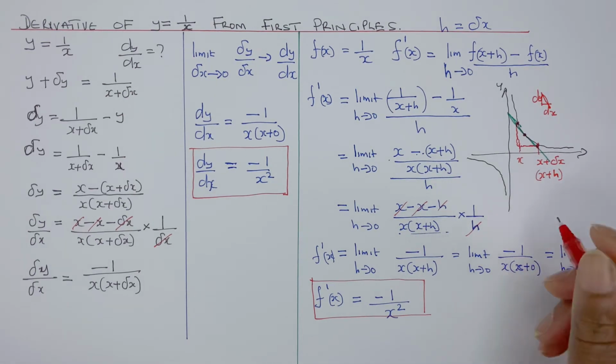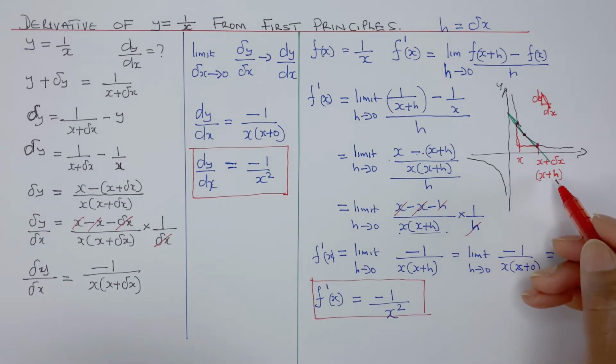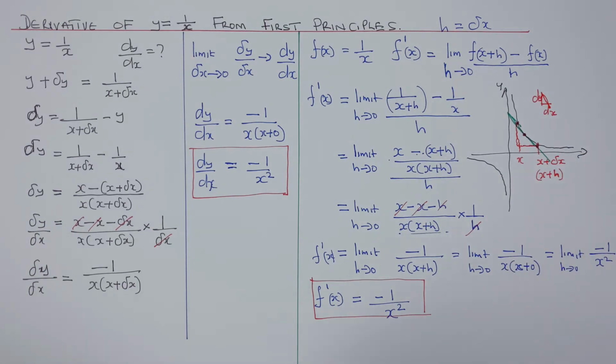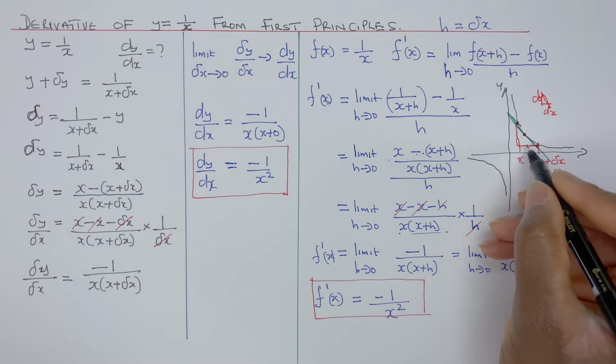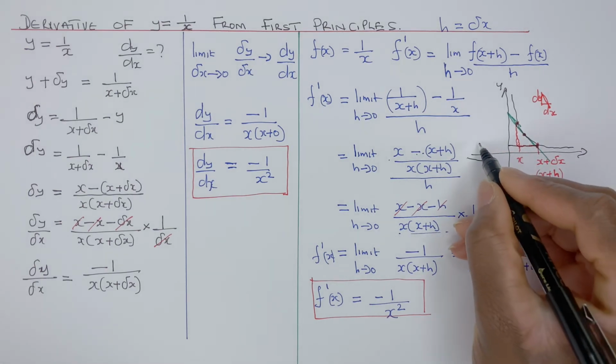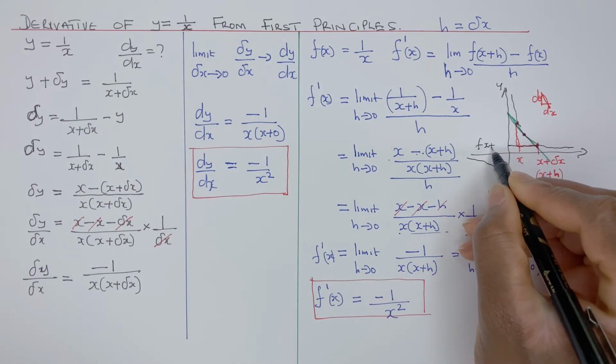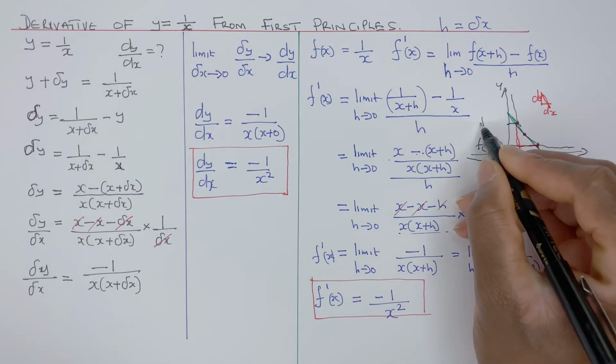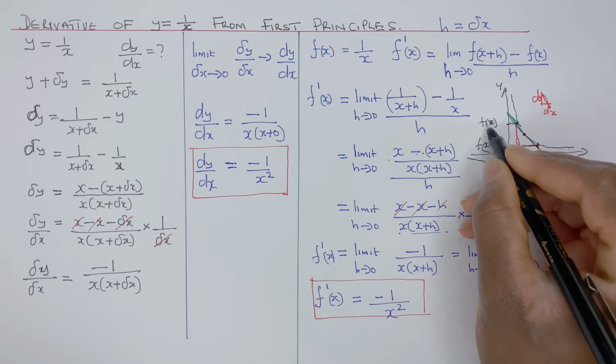So that's another way of writing that. So that's just h. So in this case that will be the f of x plus h, and this will be the f of x.